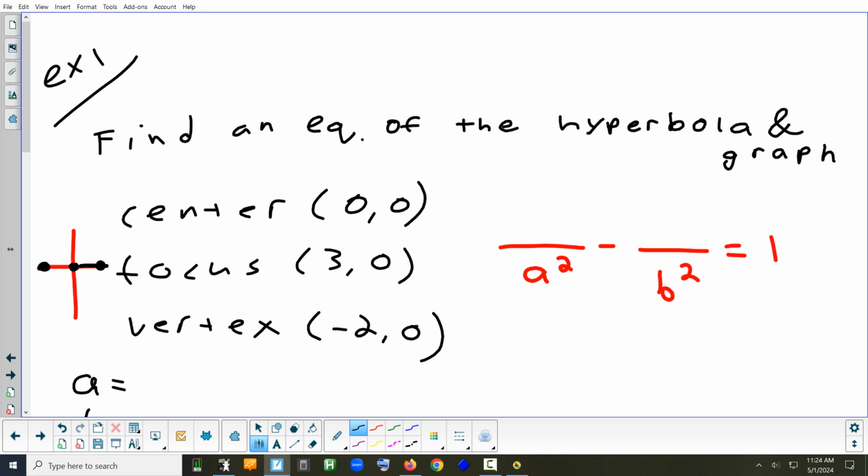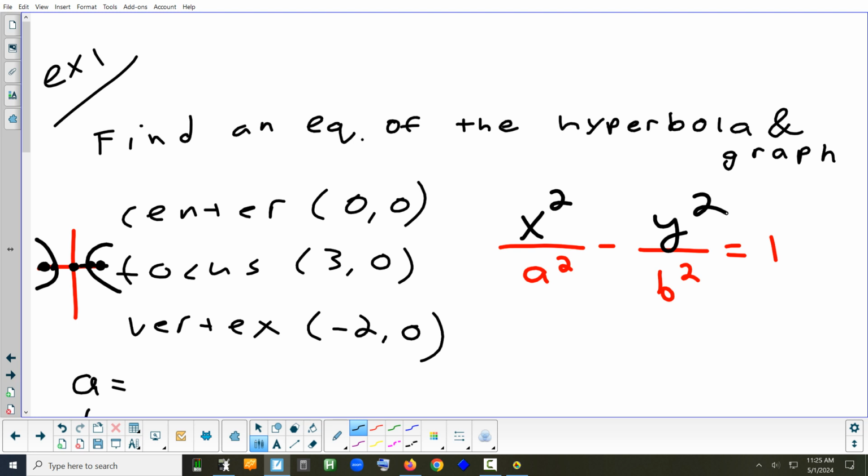You've got vertices at negative 2, 0 and positive 2, 0. Everything lines up horizontally, so you're going to have something kind of like that. When we want the branches to open horizontally, what letter do we want positive? X. There's your formula.